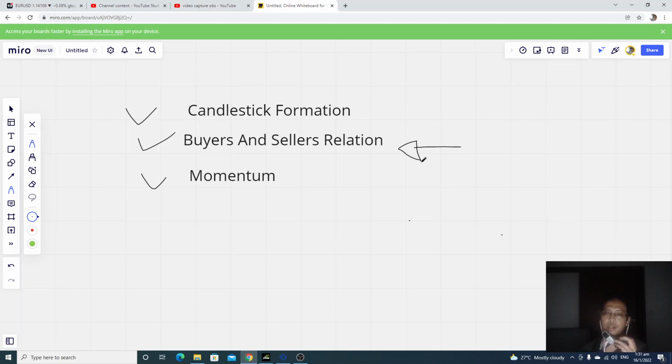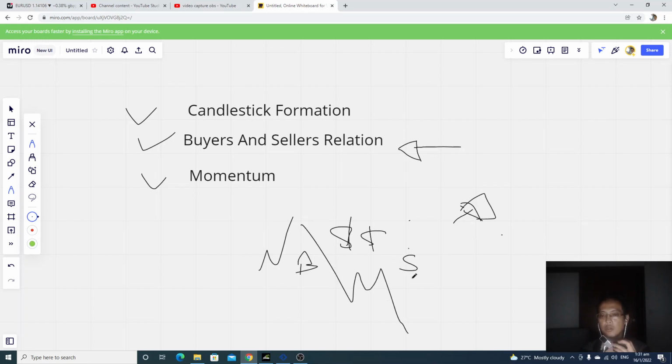It just doesn't make sense. So you need to understand the buyers and sellers relation. If you know that the buyers are overwhelming, you buy. How trading works is very simple. If you perceive price to go up and you buy, you're in profit. If you perceive price to go down and you sell, you're in profit. That's it. It's as simple as that.